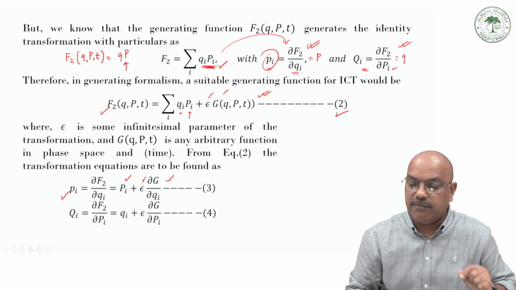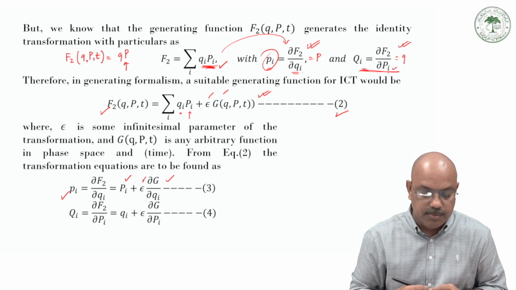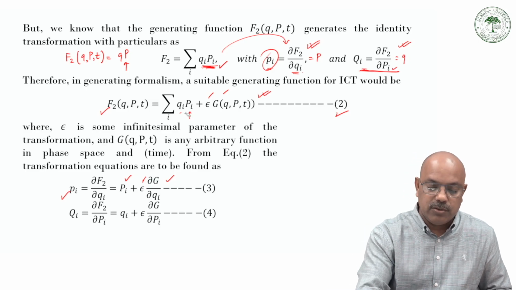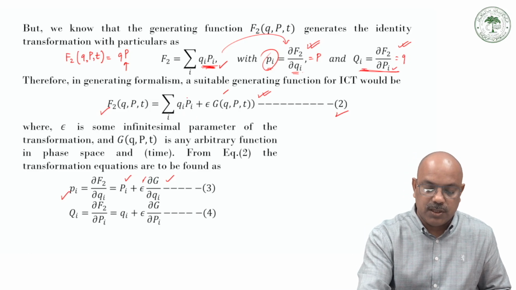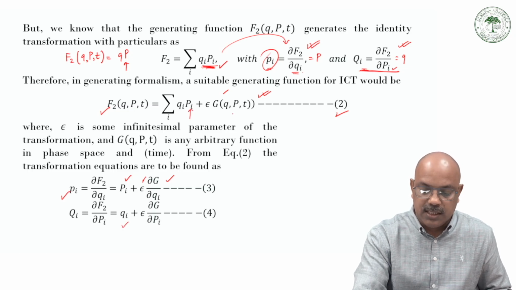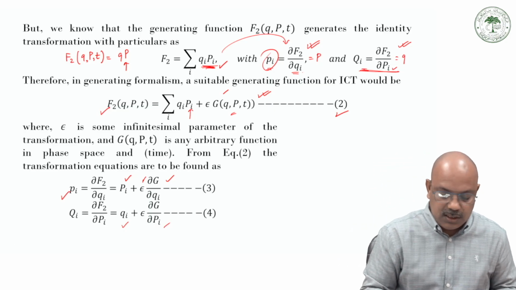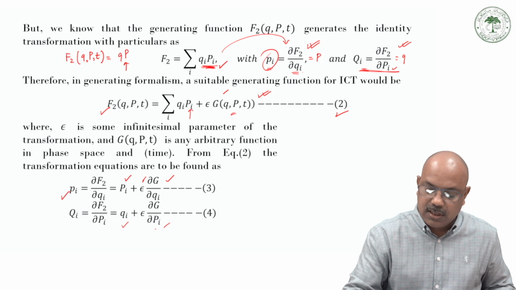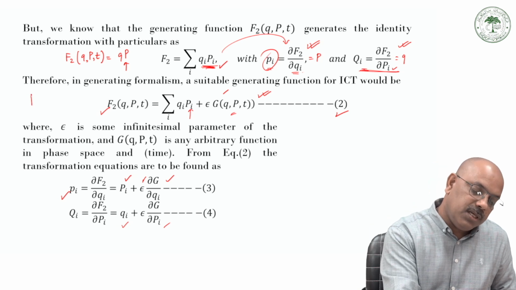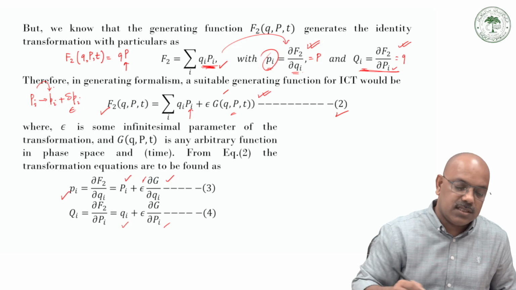And then the second differential is Qi, which is delta F2 upon delta capital Pi. So I differentiate this F2 with respect to capital Pi. This is going to give Qi plus epsilon delta G upon delta Pi. One modification we can make here: Pi goes to Pi plus some delta Pi, which is of order epsilon.